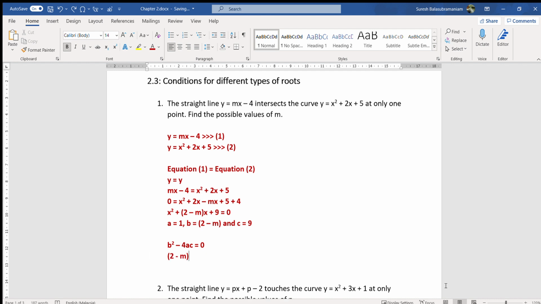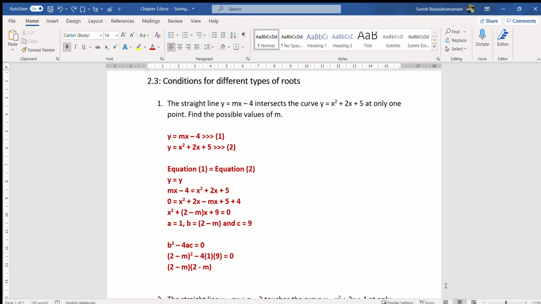B is 2 minus m, squared. A is 1, C is 9, and then try to simplify. So 2 minus m squared means 2 minus m multiplied by 2 minus m. Then the other part gives negative 36, equals 0.